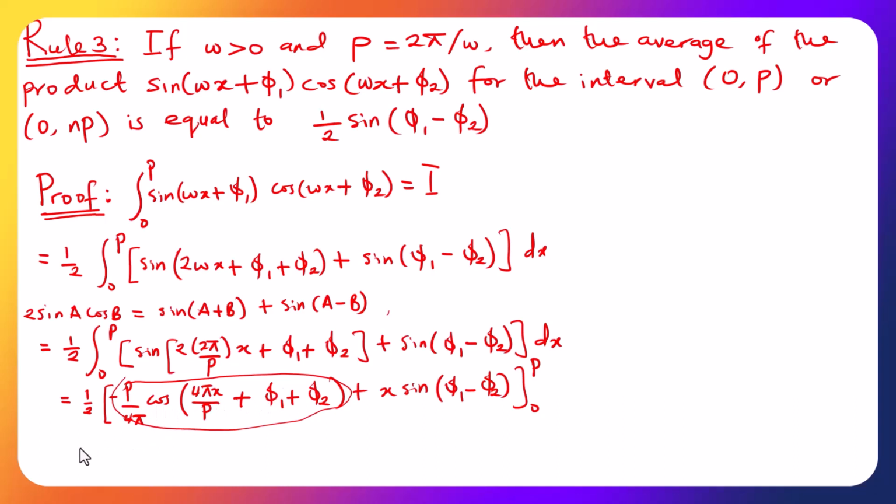So we'll be left with 1 over 2 into p sine of phi 1 minus phi 2. Of course, by the time we substitute 0 into this expression, this also gives us 0.